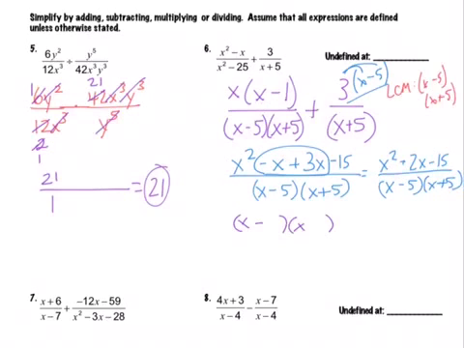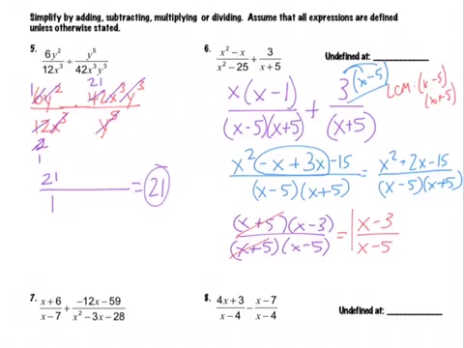So I know that if I add plus 5 and minus 3, they add together to equal 2, but they multiply to equal negative 15. So these two factor. And x plus 5 on the bottom times x minus 5, because that's my LCM. So awesome, those cancel, and what I have left is x minus 3 over x minus 5.